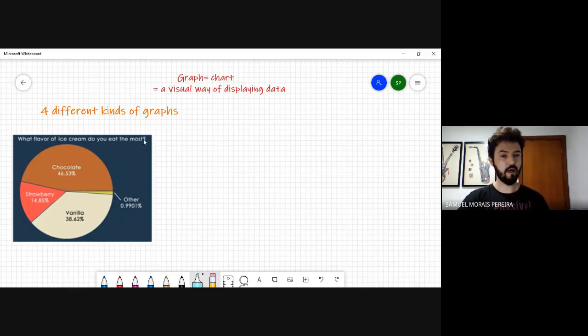So this was the question that was asked to some people. Qual sabor, né? Flavor quer dizer sabor. What flavor, qual sabor de ice cream do you eat the most? So the answers are chocolate, strawberry, vanilla, and the people also mentioned other flavors, but they are not so relevant as these other 3 flavors I have here, okay?